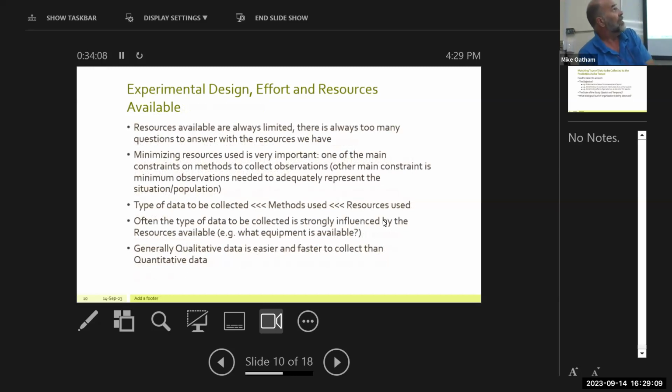All right. Effort and resources is also a very big issue with experimental design. The thing which constrains most experimental design is the amount of time and the amount of resources we have to collect the observations. Okay? Ideally, we would have an infinite number of observations. All right?